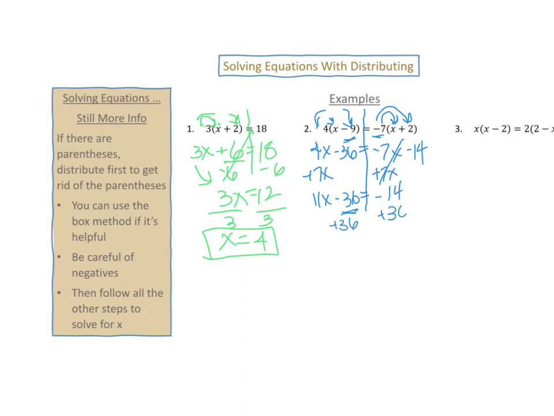Once I do one side, I have to do it to the other side of the equal sign. These go away. 11x equals 22. Now I can divide by the number in front of x. Did you get 2? I hope so.